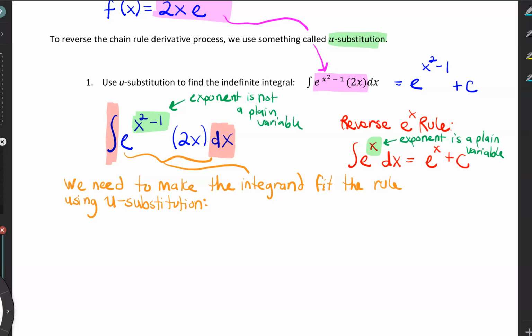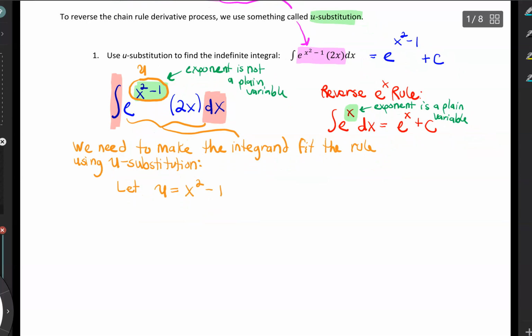Okay, so this is how u substitution works. The exponent is what's not matching the rule, right? So what we're going to do is say, okay, that exponent that's not matching the rule, I'm going to replace it with the letter u. I'm going to let u equal my exponent.